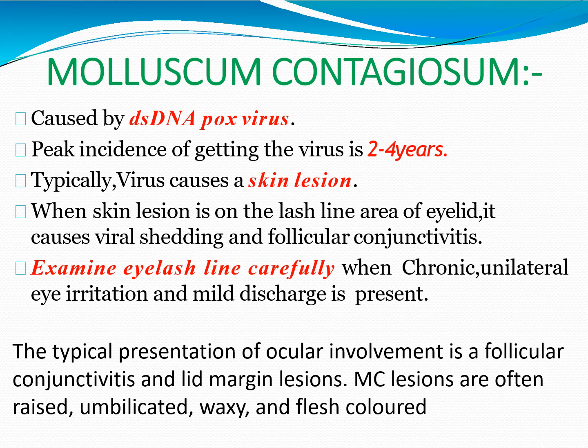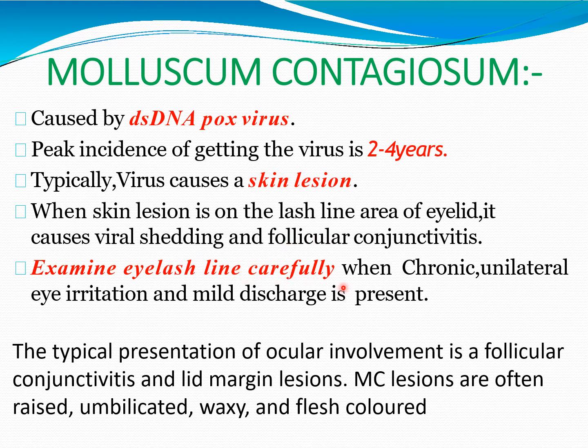The next is molluscum contagiosum. It is caused by a double-stranded DNA pox virus. Peak incidence is at about 2 to 4 years, and the virus causes a typical skin lesion. When a skin lesion is on the lash line of the lid, it causes viral shedding and follicular conjunctivitis.